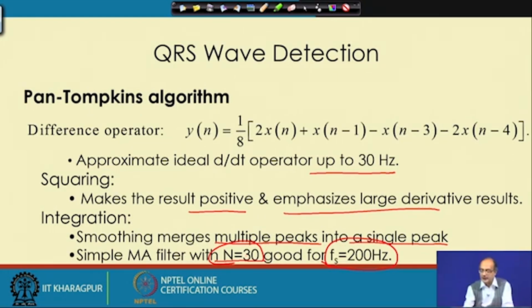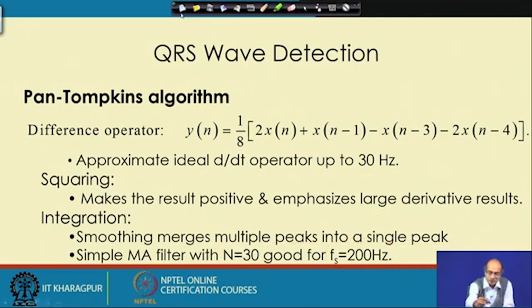The only way we can think of is that they came across this number empirically. If we think in terms of an integer filter, we should have chosen 32 instead of 30.